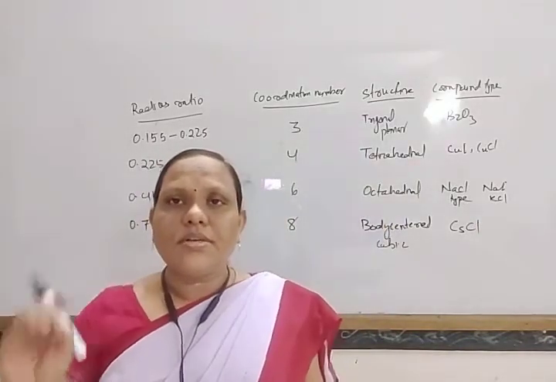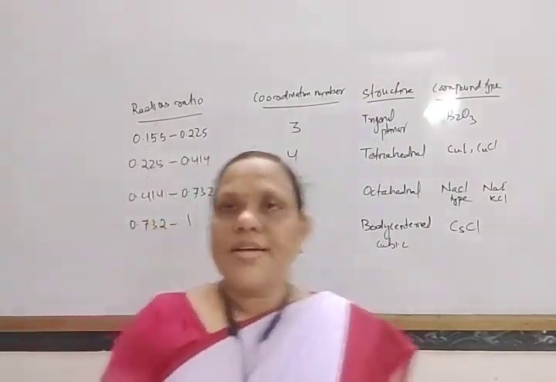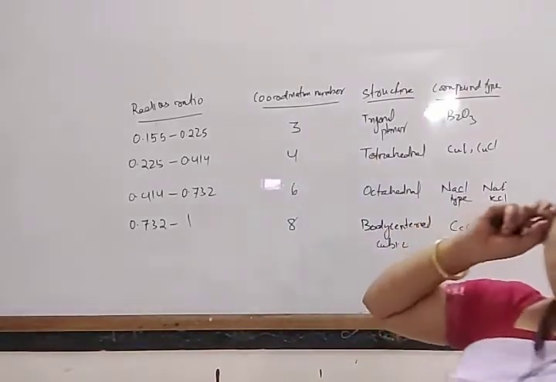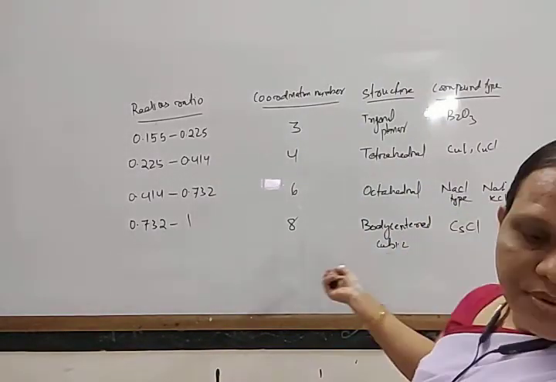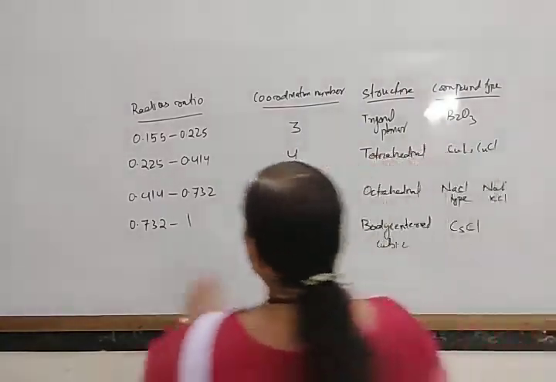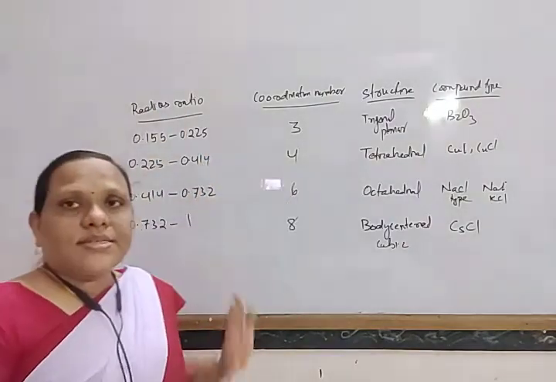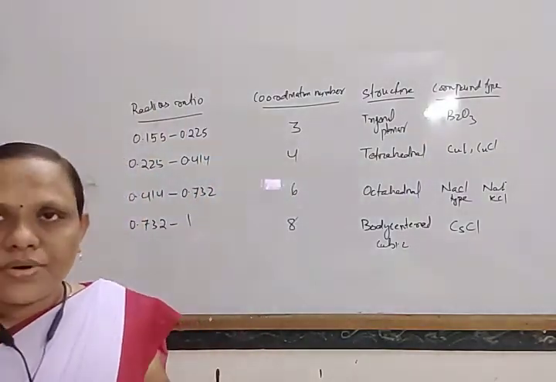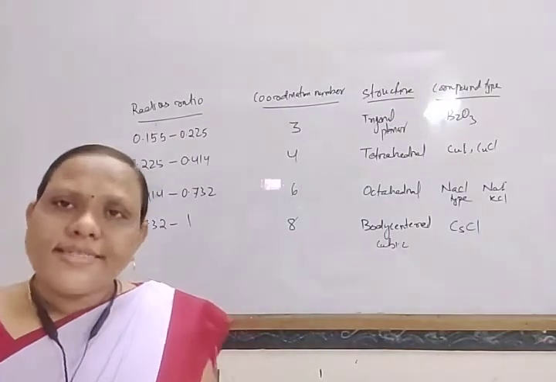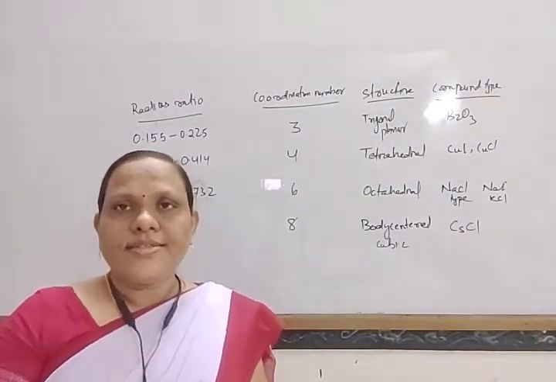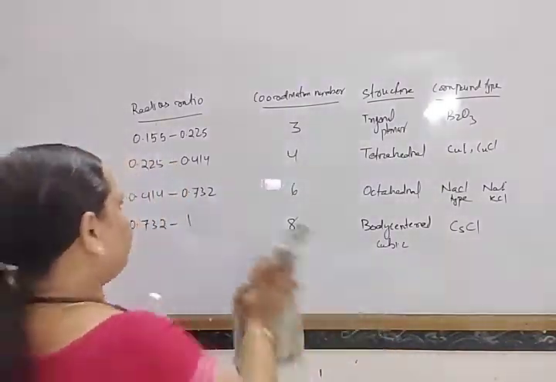So the cesium salts come under this. In this way, this is the radius ratio rule. Next, come to imperfections in crystals.